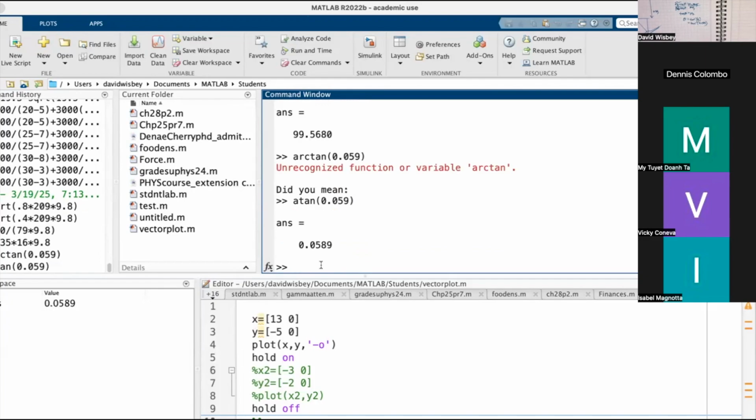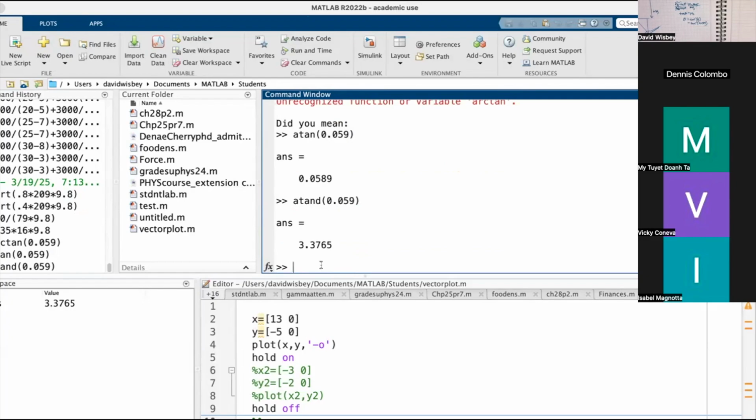And that is 0.5089, but this is in radians, so I'm actually going to put it in degrees here. In degrees, that angle is going to be 3.3765 degrees.